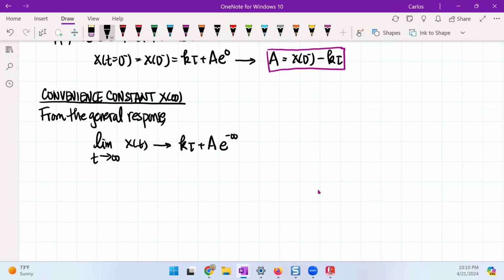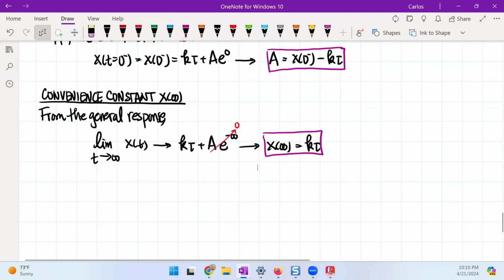And of course, e to the minus infinity is 0. So then this tells me here that I can rewrite x of infinity to equal k tau. Now I'm armed with my two constants, so now I can finally get my solution into the right form.